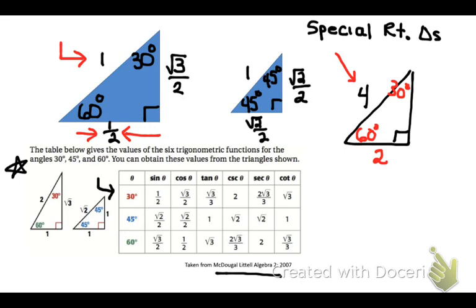Half of 4 is 2. Then we know that this side is square root 3 over 2, and we're going to multiply it by 4. So we know that this side would actually be equal to 2 square root 3. So by using the hypotenuse and labeling it as 1, it makes it easy to solve for the missing sides. All right, now back to the chart.